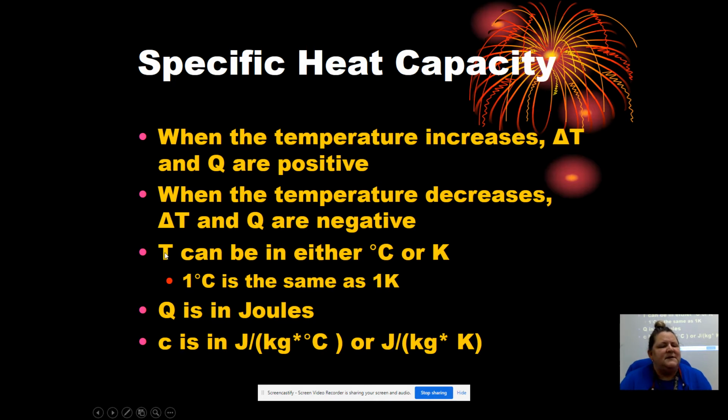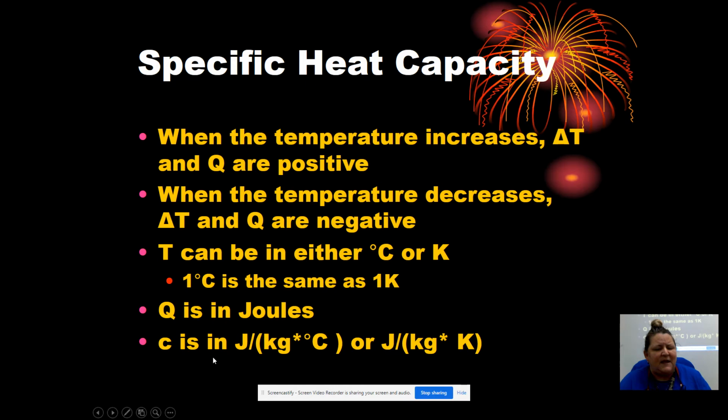In the units, T, the temperature, can either be in degrees Celsius or degrees Kelvin. You can calculate it both ways, but you must put your units down so if somebody looks at the specific heat number, you're using the right one. Heat is in joules, it's energy. That shouldn't be a surprise.